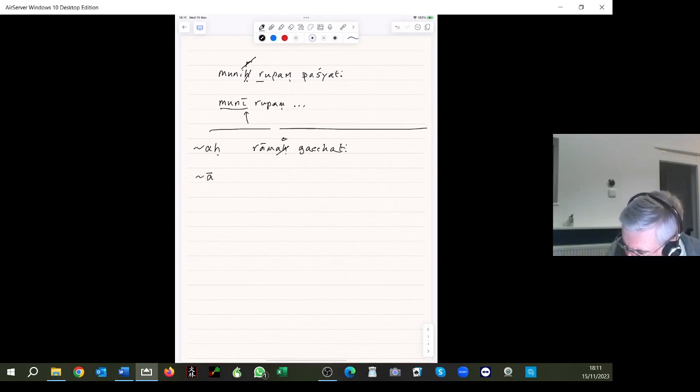If it's long ah, followed by a voiced consonant, what happens? It drops the visarga. So the men are going. Nara gachanti, drop the visarga because of the voiced consonant.